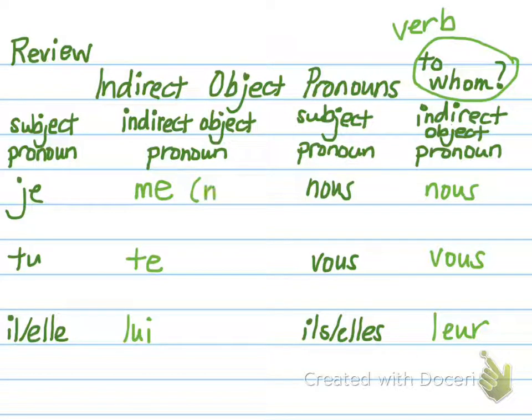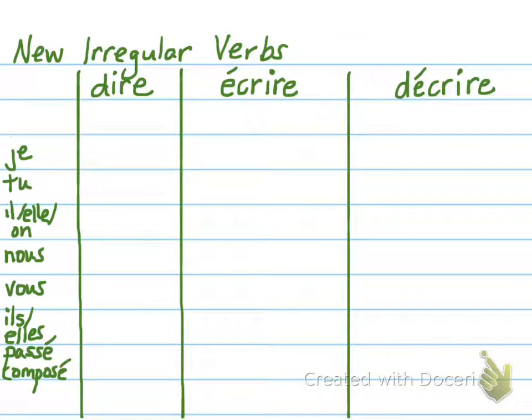Again, this becomes M apostrophe, T apostrophe, okay, and this becomes moi and toi in the imperative. So the new information that was in this lesson that we haven't talked about yet were some new irregular verbs.